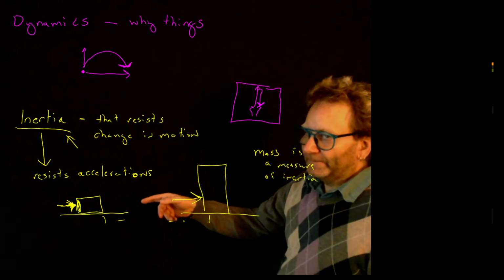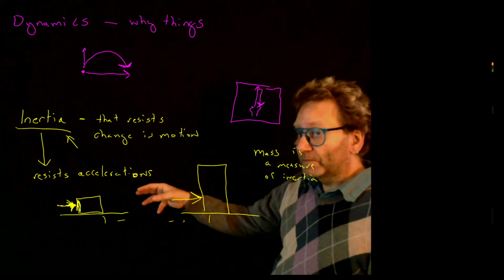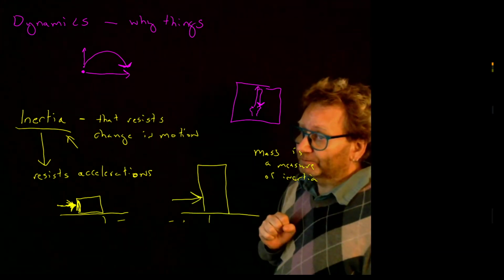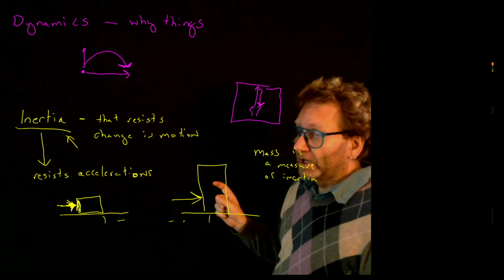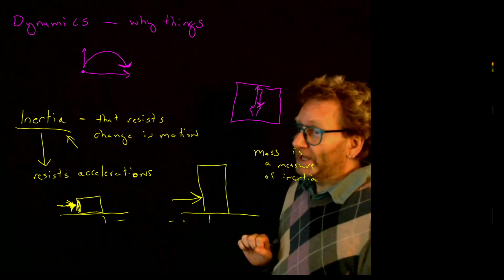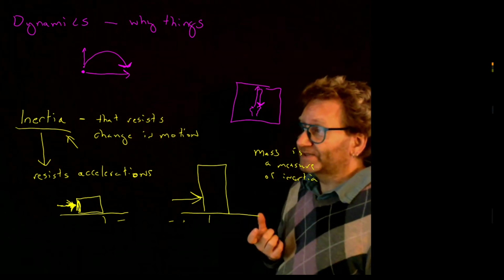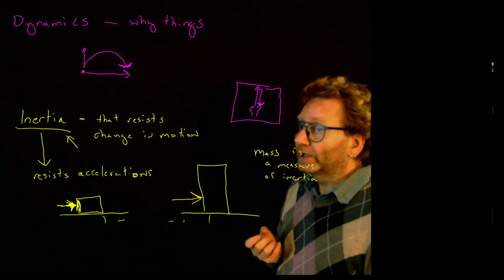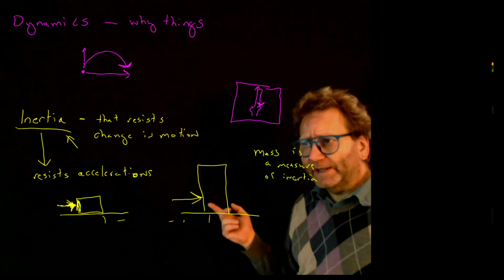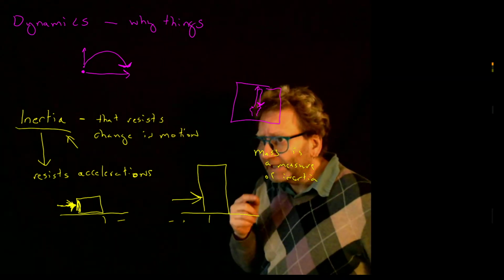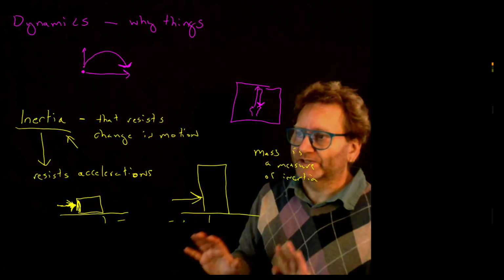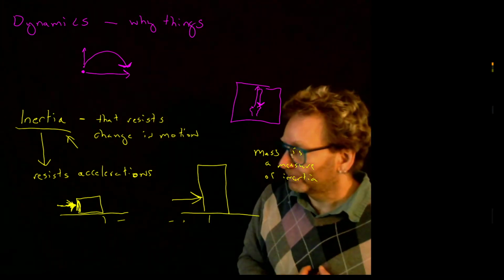And so if we look at the smaller object, it has less inertia. It's easier for me to accelerate. And if we look at the bigger object here, its mass, it's harder for me to put an acceleration on. We can also think of mass as the amount of stuff, on an atomic level or a particle level. And so the amount of stuff present resists motion, resists change in motion.